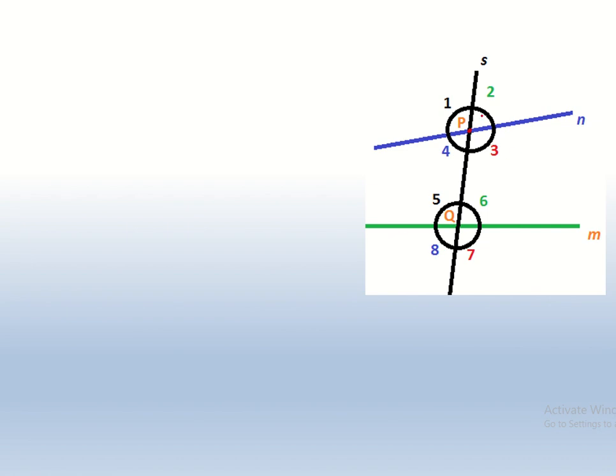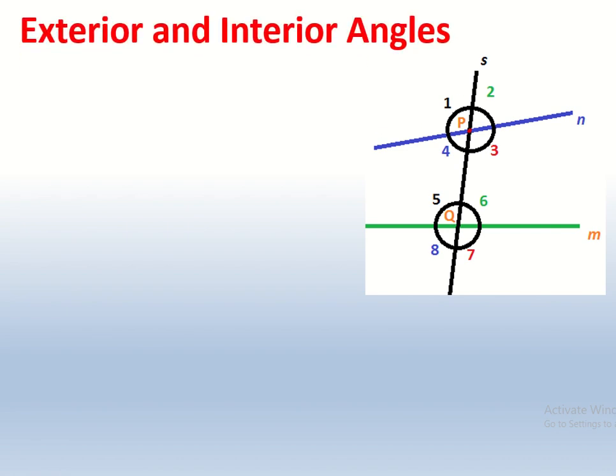So when a transversal intersects two lines, eight angles are formed. Some of the angles lie outside the lines, in the exterior portion, and some of the angles lie in between the lines. That portion is considered the interior.